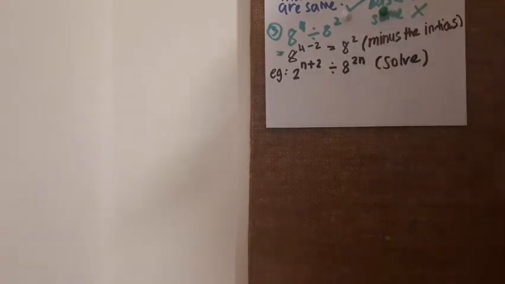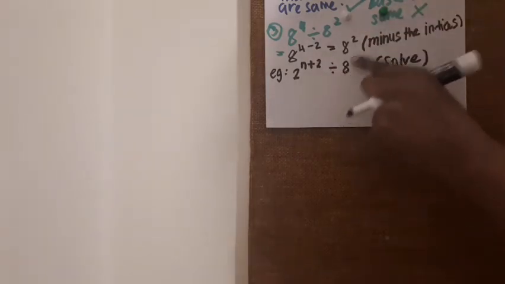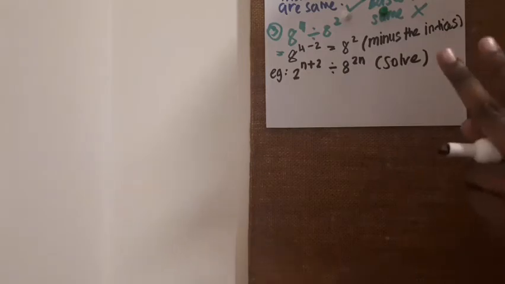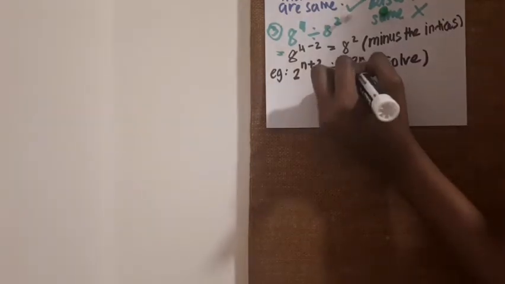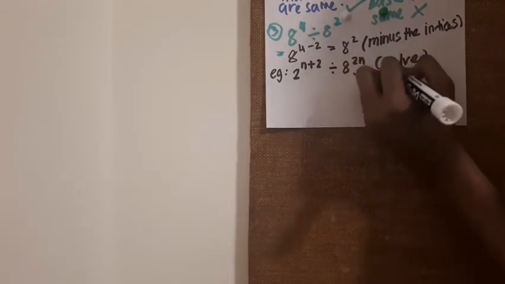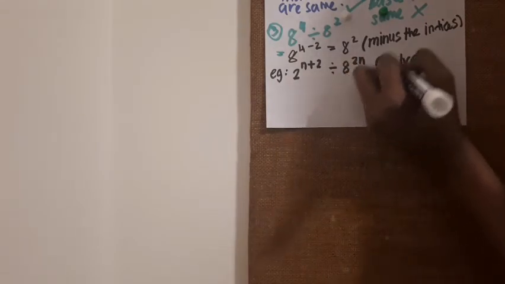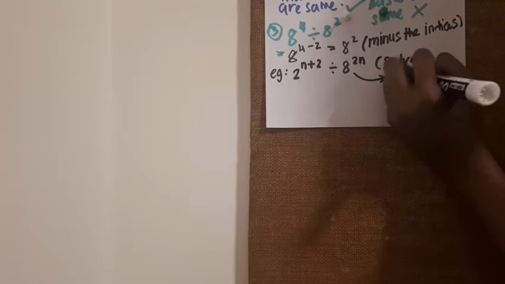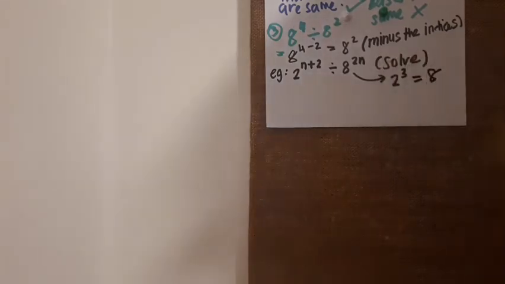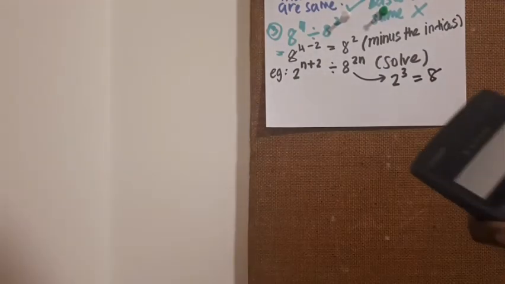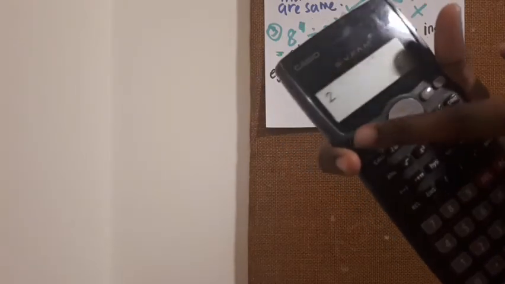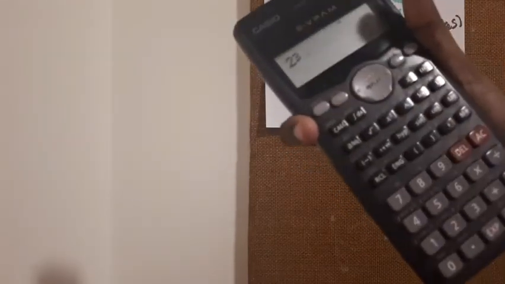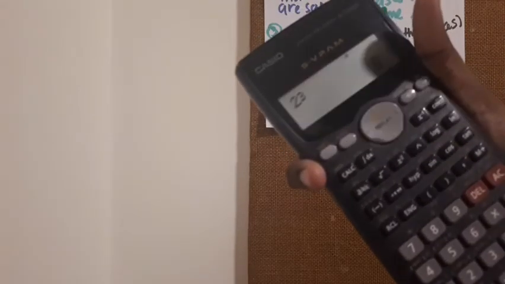How to make the bases same? See, you have 2 here and we have 8 here. Do you remember we used to do 2 to the power of 3 is 8. You know, in calculator we used to do 2 to the power of 3 is 8.